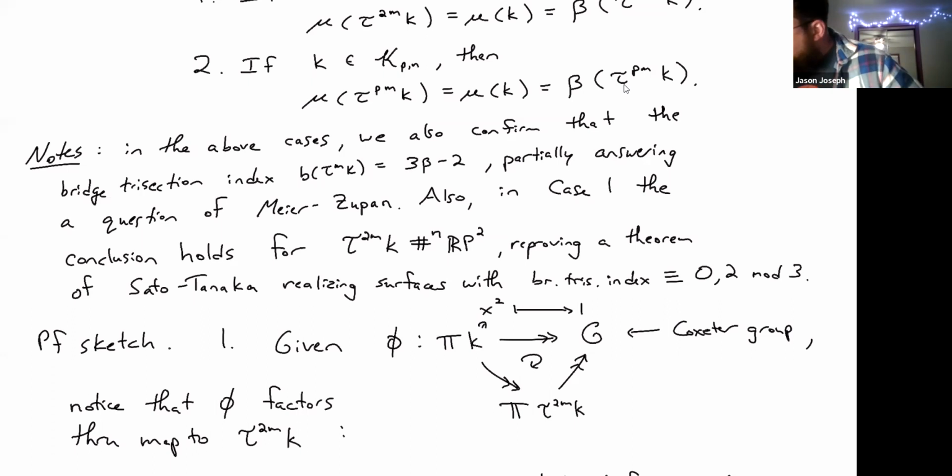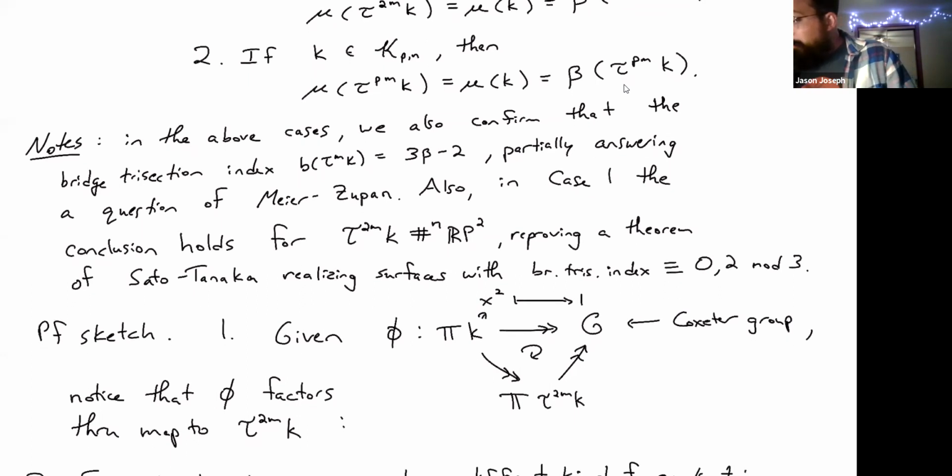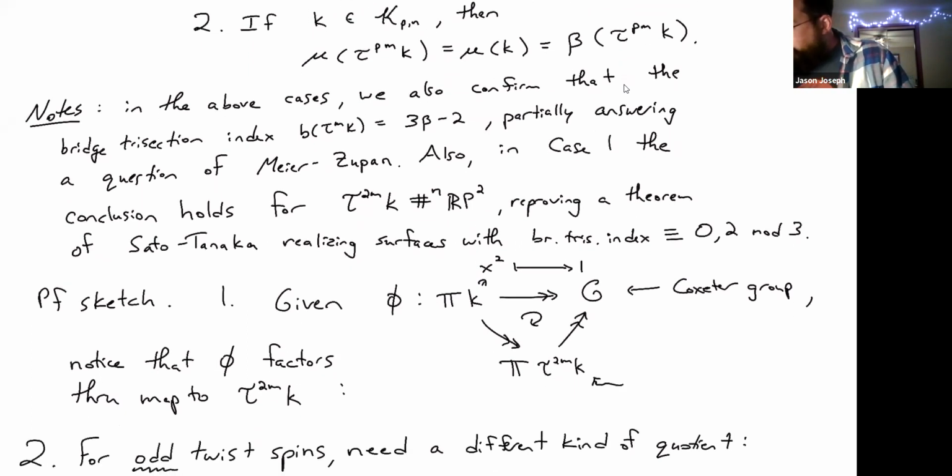And if you instead first send x squared over to the twist spun knot group, since this makes x to the 2m commute with everything, that's compatible with the quotient. So the Coxeter quotient factors through the twist spun quotient, and you can kill x squared, or you can first make x to an even power in the center, and then you can kill x squared, and the result is the same.